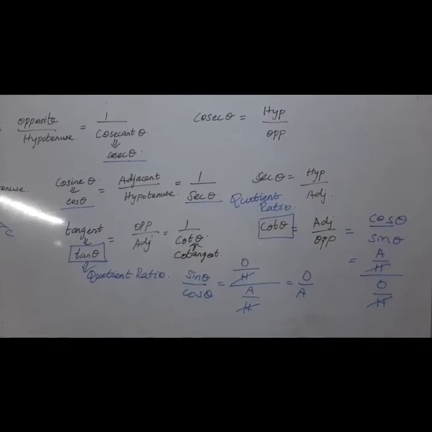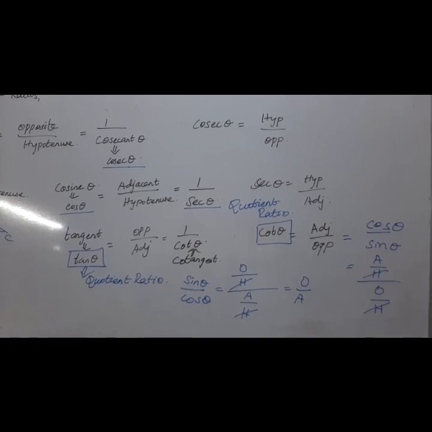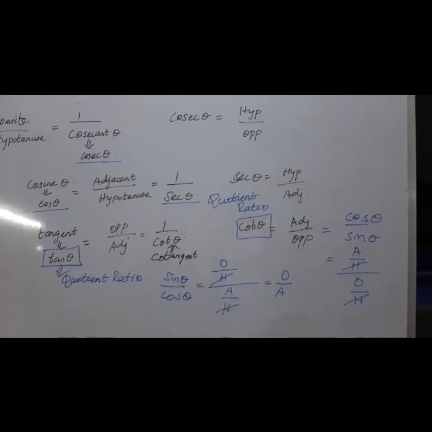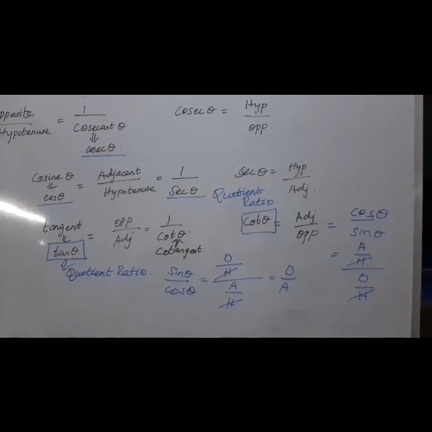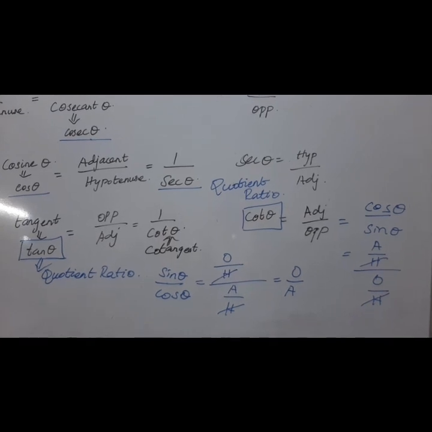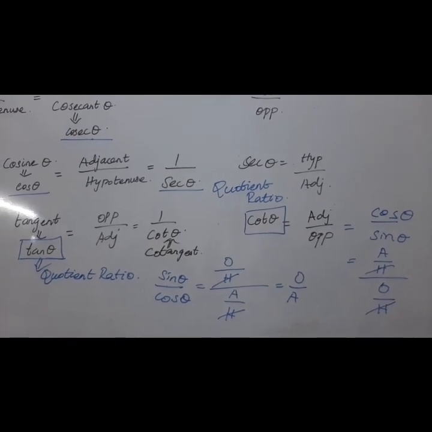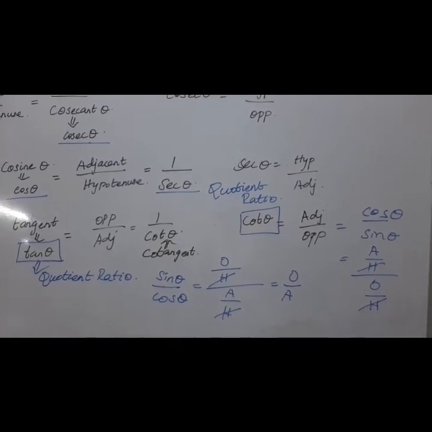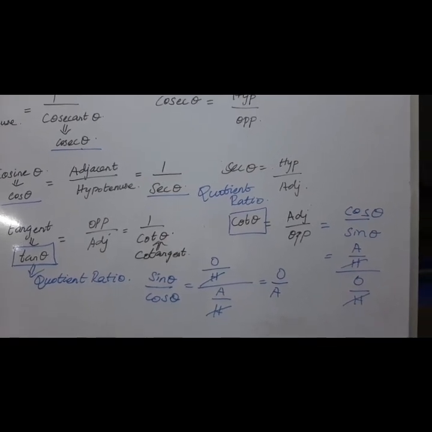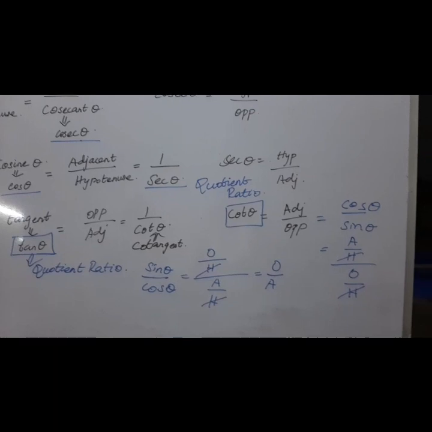Sine is the reciprocal of cosecant, cosine is the reciprocal of secant, tangent is the reciprocal of cotangent. And tangent and cotangent are otherwise called quotient ratios, because the same value we will get by dividing the other two ratios. Tan is equal to sine by cos and cot is equal to cos by sine.